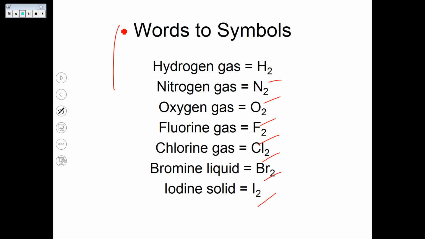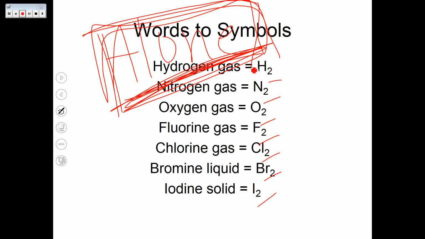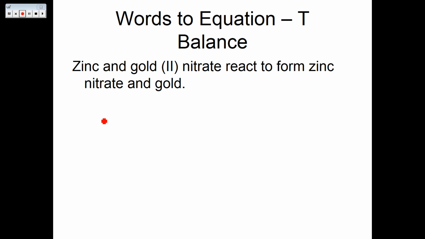And again, this is only if they are alone. If they are combined with something else, like if you have dinitrogen monoxide, or sodium chloride, or magnesium bromide, they are dropped and swapped like normal. Only if they are alone and by themselves do they get written as diatomic. Okay, so just be careful about that.